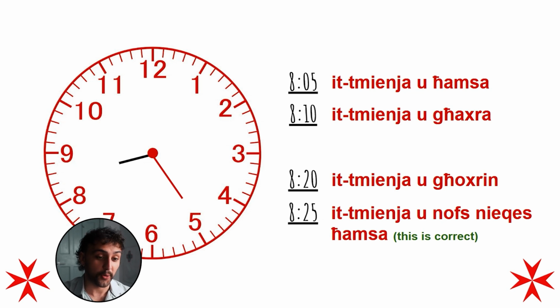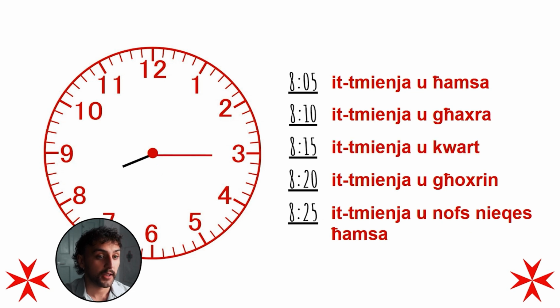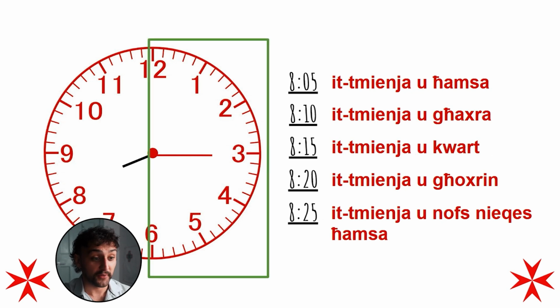It's the same in English, by the way, because we don't say it's 8:15, do we? We say it's a quarter past 8. So in Maltese, that means that 8:15 becomes itmienia u quart.